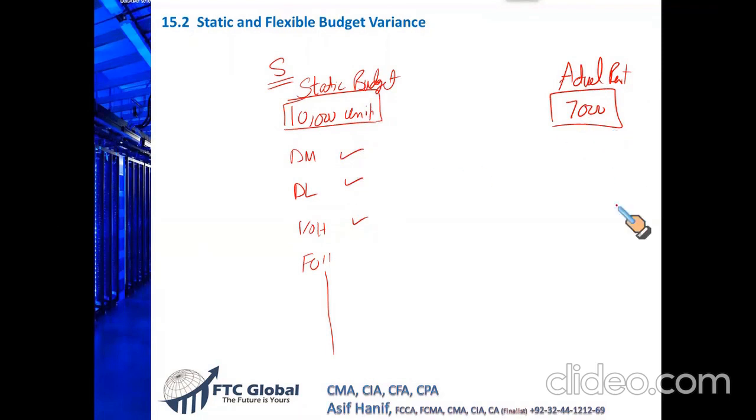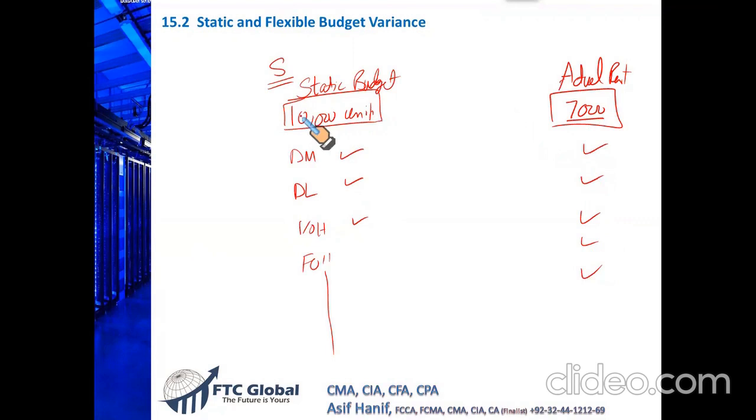So I can't make any comparison. Any variance calculated that way is not very useful. Such a variance is called the static budget variance. I will show you in the next slide. Then what should I do? I can't match these two together because they are totally different numbers.